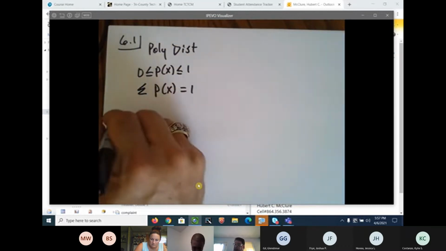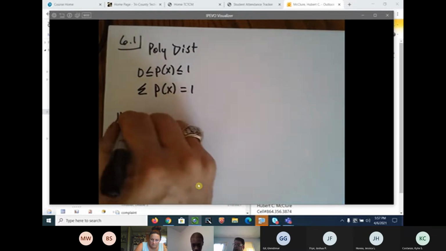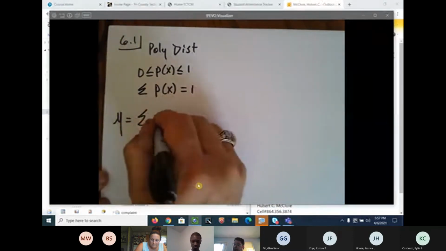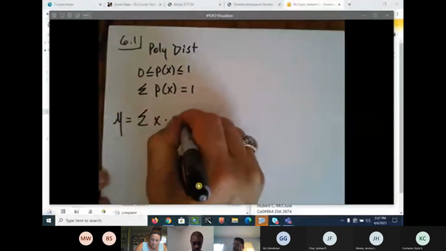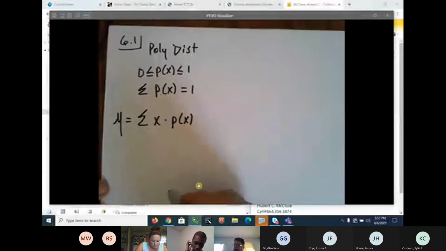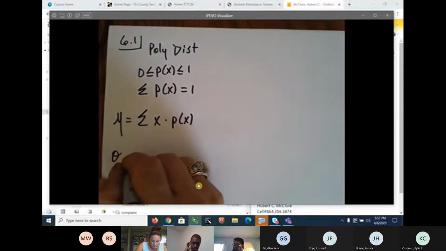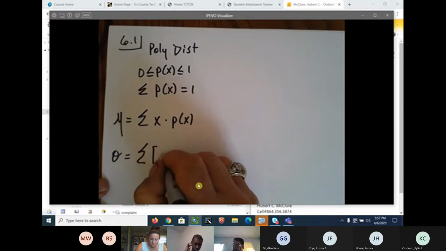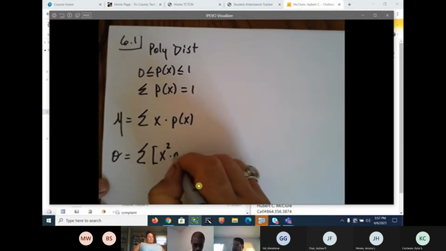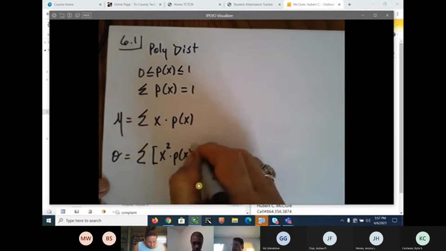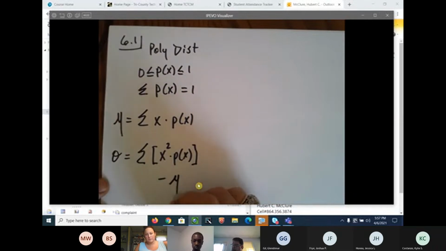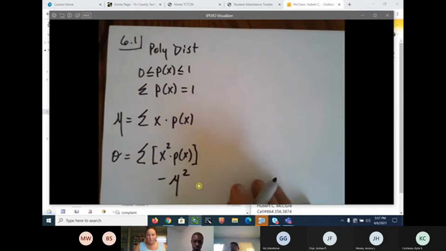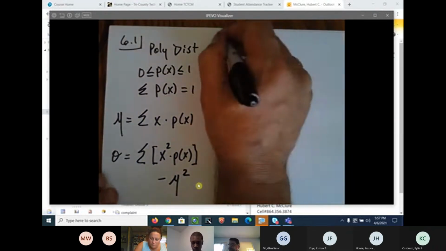They also want us to find the mean, which is the summation of x times p of x, and the standard deviation, which is equal to the square root of the summation of x squared times p of x minus mu squared. That's 6.1.